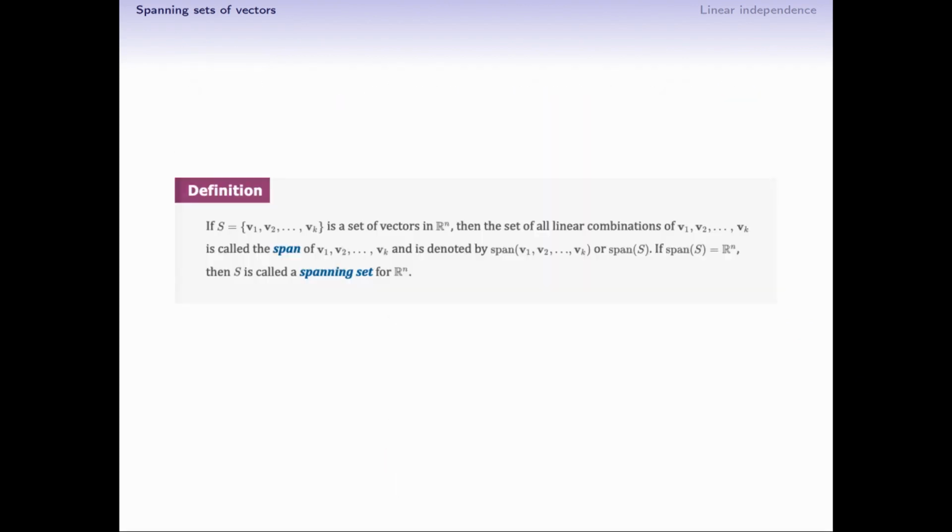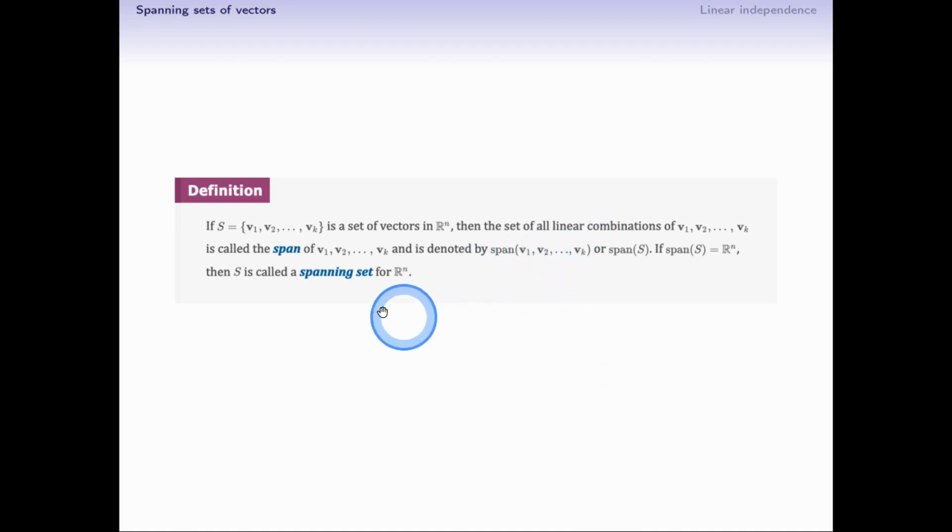Let's look at the following definition. If S is a collection of vectors in n-dimensional space, and we'll call those vectors V1 through Vk, then the set of all linear combinations of those vectors is called the span of that collection of vectors and is denoted by the word span wrapped around the collection of vectors.